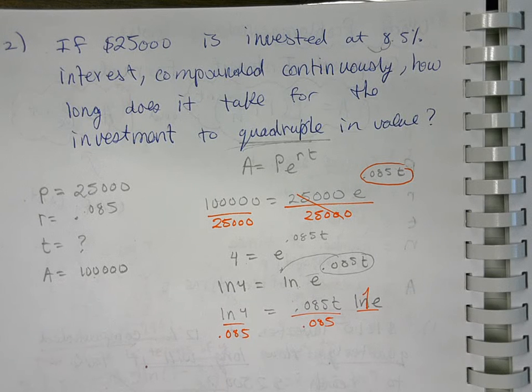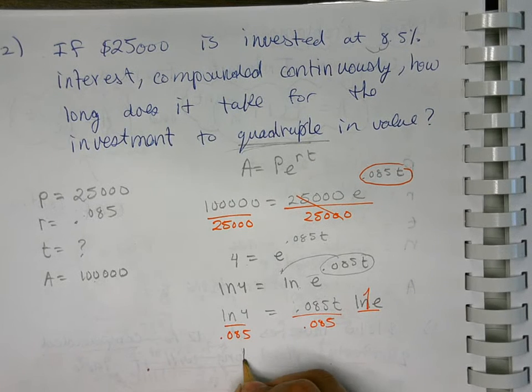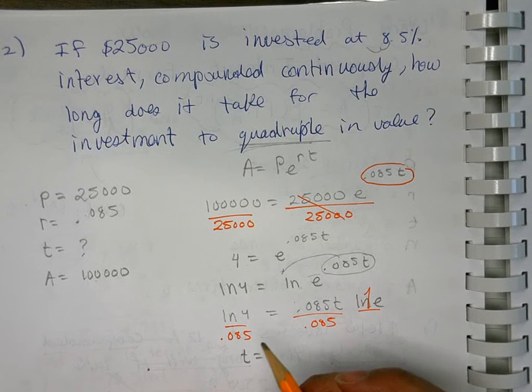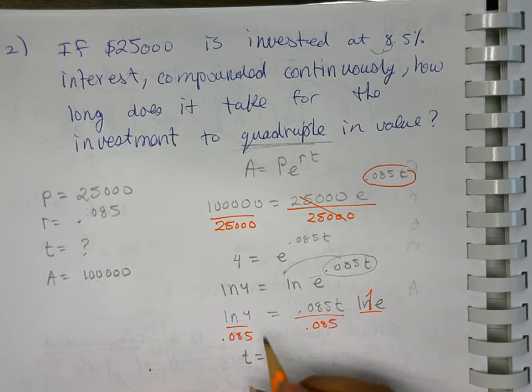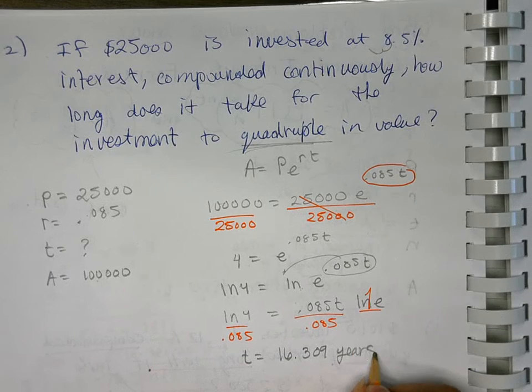Do the ln of 4 first? Yes, so ln 4, close parentheses, divide by 0.085. All right, what do we have? 16.309.